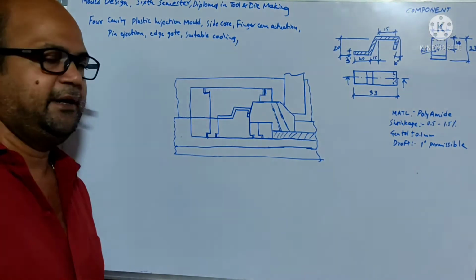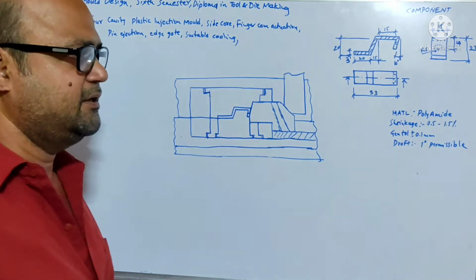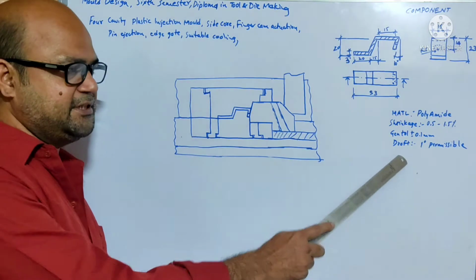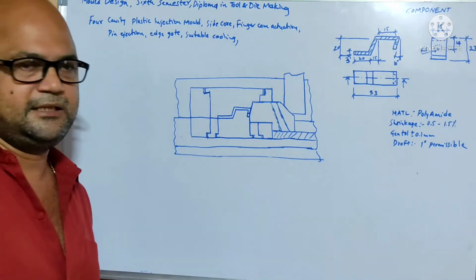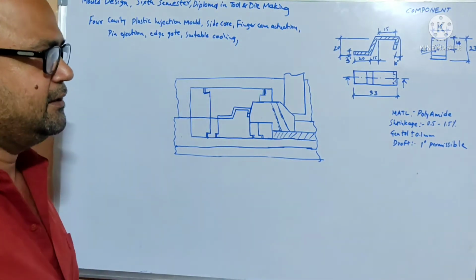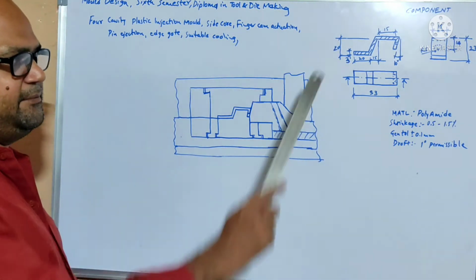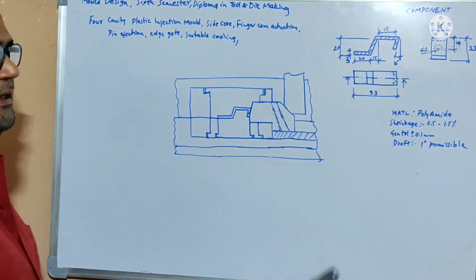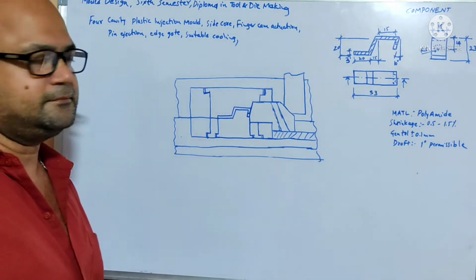The shrinkage of the material is 0.5 to 1.5%, and general tolerance for this component is plus or minus 0.1 mm, and the permissible draft, where it is necessary to give draft, is 1 degree. You have to remember that wherever you give the draft, the dimension should be within the tolerance of the component.